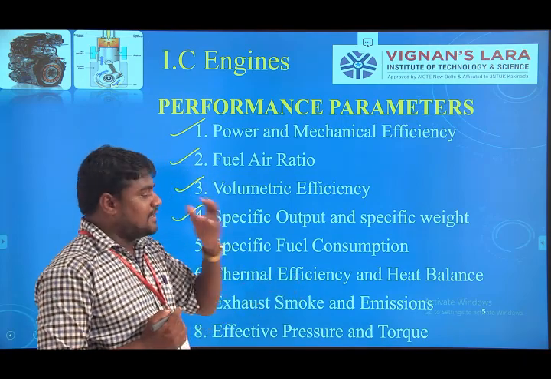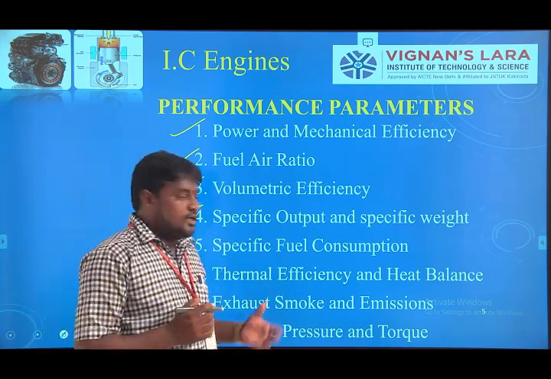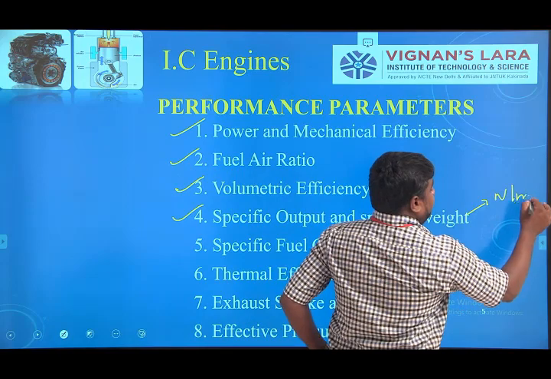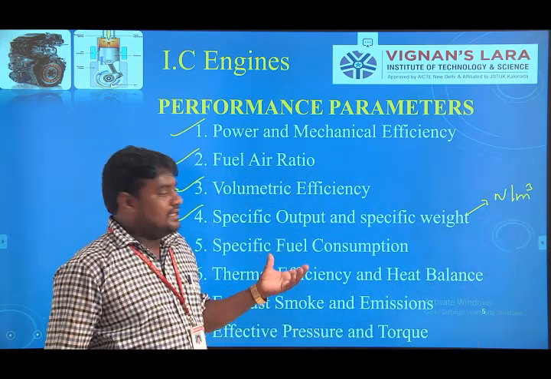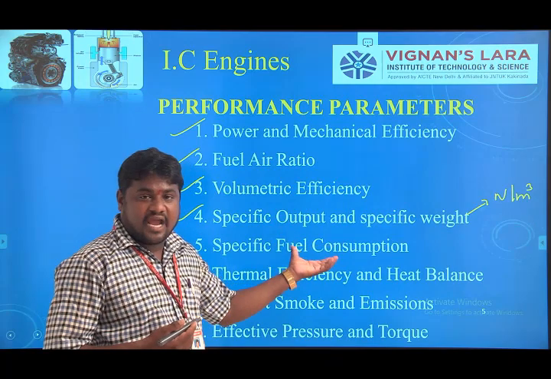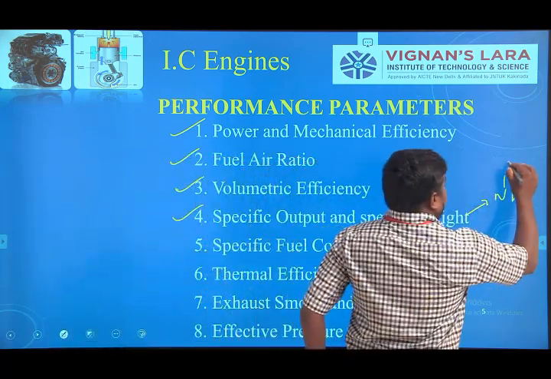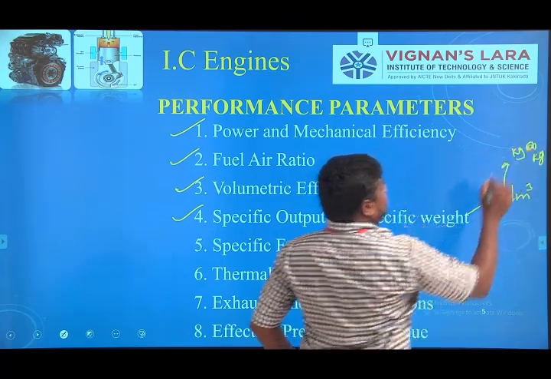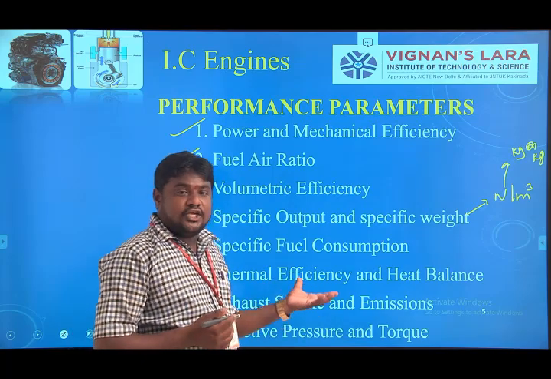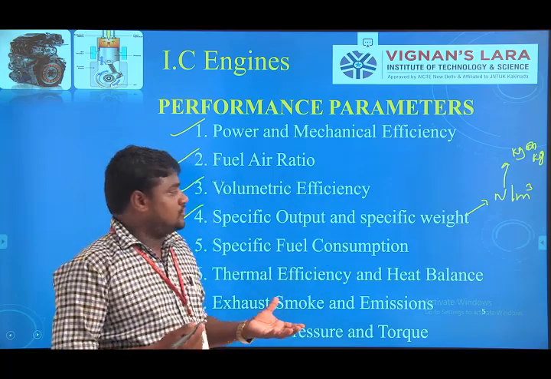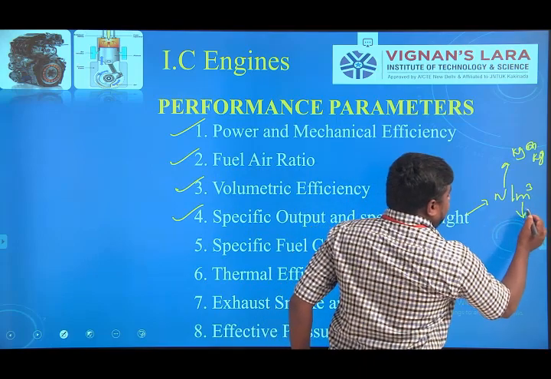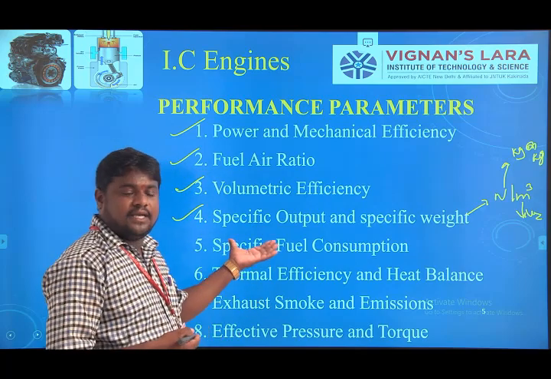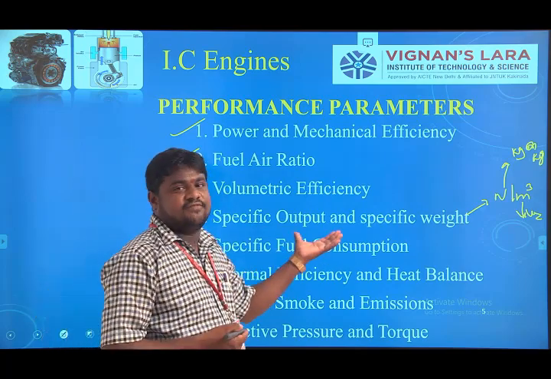Specific weight is in units of Newton per meter cube: Newton is the unit of weight, and meter cube is the volume. So we have to calculate the specific output and the specific weight.